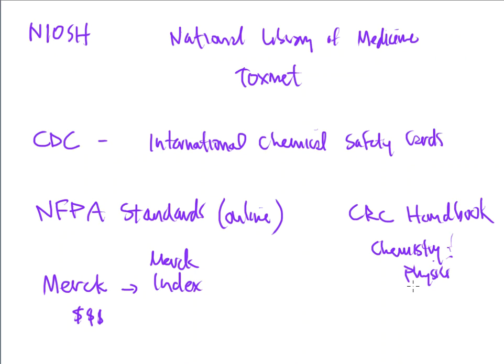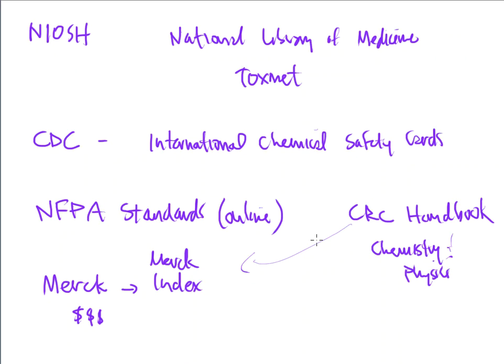The CRC Handbook is in our laboratory. You're more than welcome to take a look at that reference book if needed. It's laid out a little differently, but it has some physical properties and some chemical properties. It's got some information that the Merck Index does not have. The Chemical Rubber Company basically came together many years ago and created a reference book like Merck did for their employees.